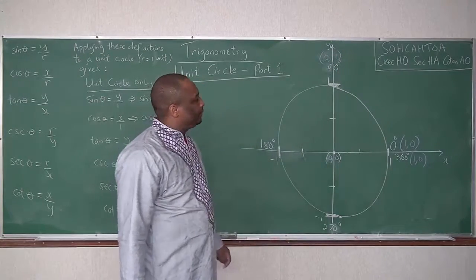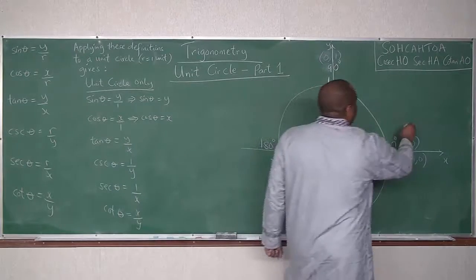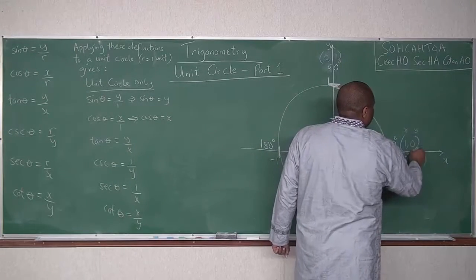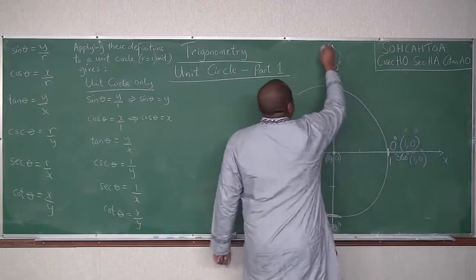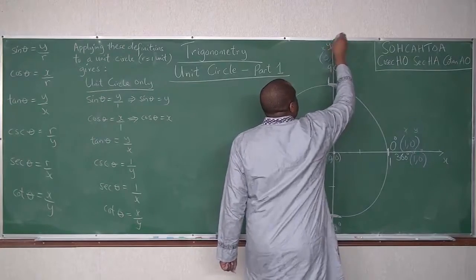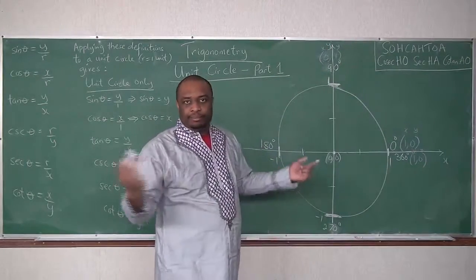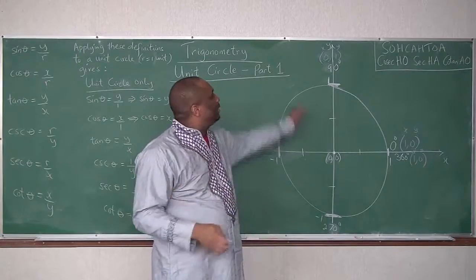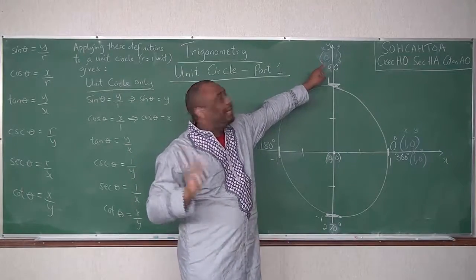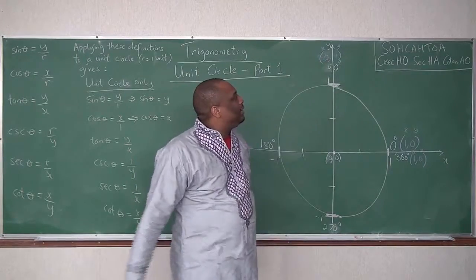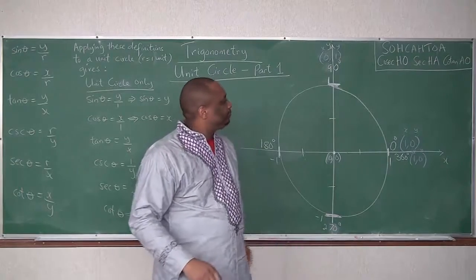And this means x, y. In coordinates, the first coordinate is the x coordinate, and the second coordinate is the y coordinate.